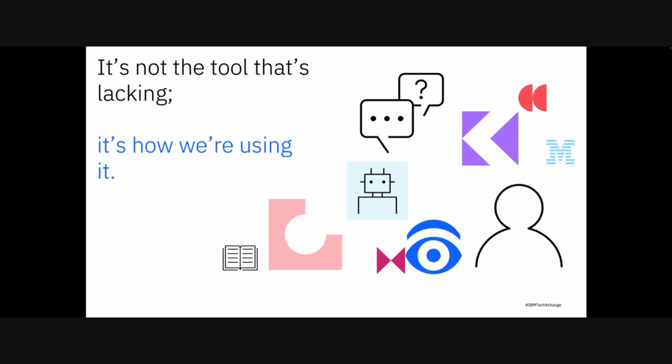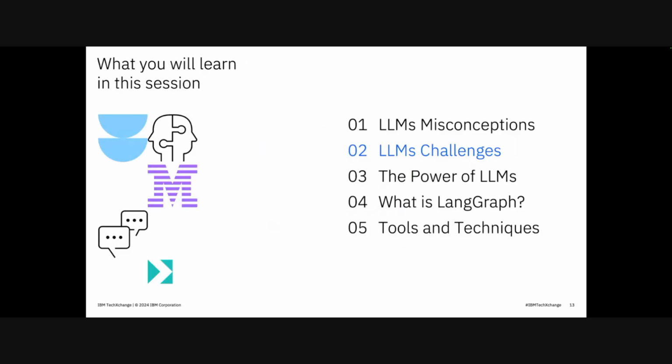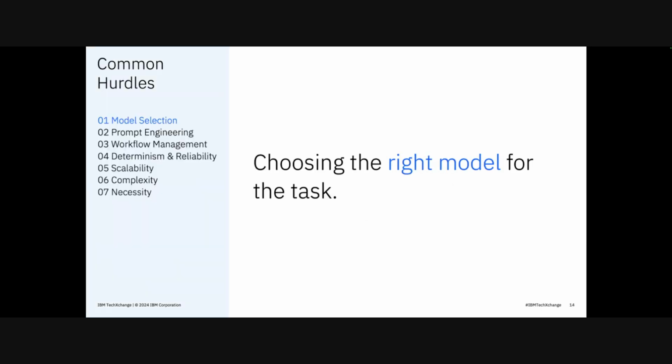So it's not the tool that's lacking, it's really how we're using that tool. Let's talk about some of the challenges with using LLMs, which ultimately often lead to those misconceptions. You can see there are 7 different hurdles that we're going to go over. The first one is model selection, choosing the right model.